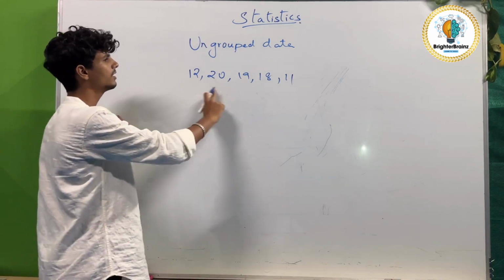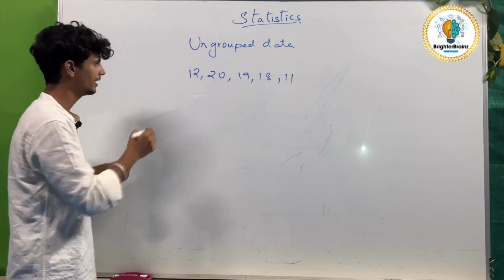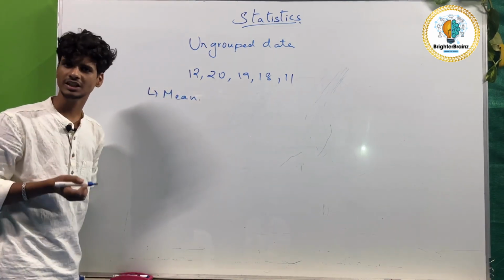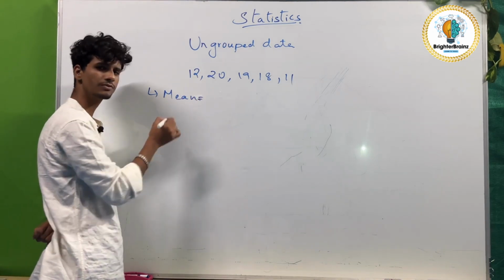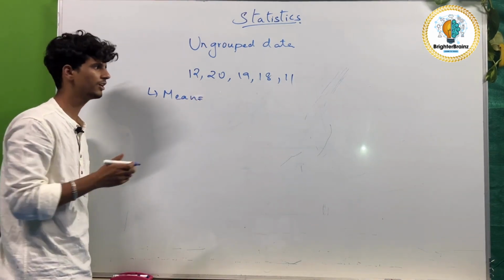In this ungrouped data, let us find the mean first. What is the formula for the mean? For ungrouped data, it is the sum of observations divided by the number of observations.